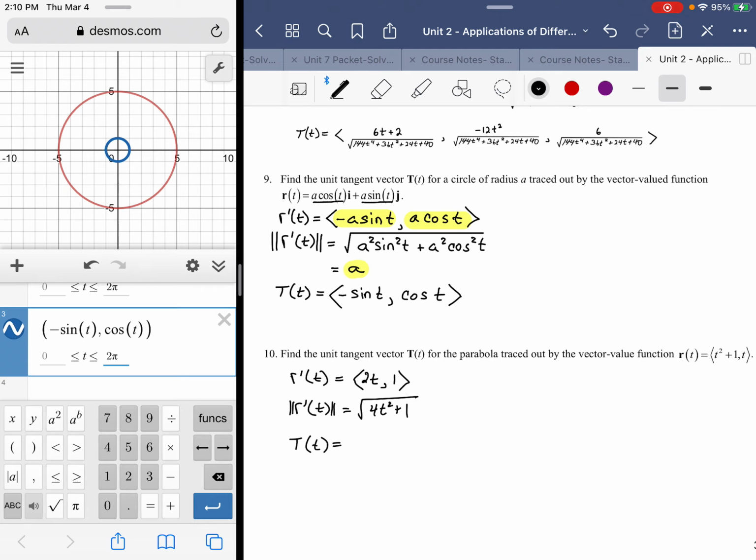Because T of t is just the quotient: 2t over the square root of 4t squared plus 1, comma, 1 over the square root of 4t squared plus 1.